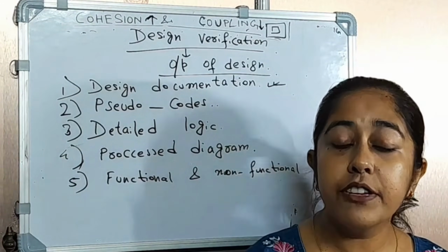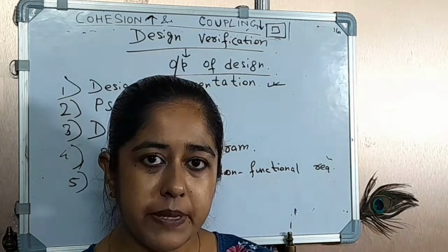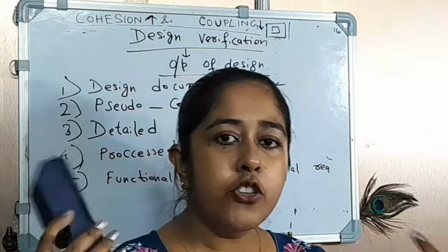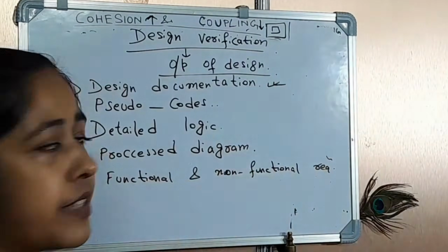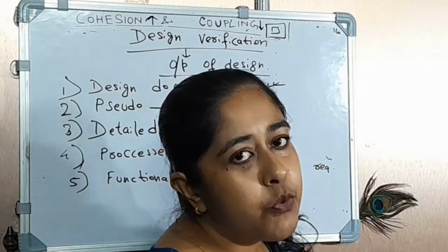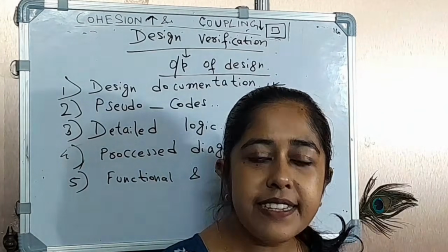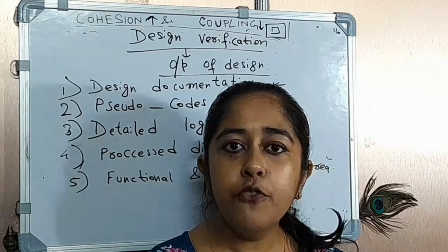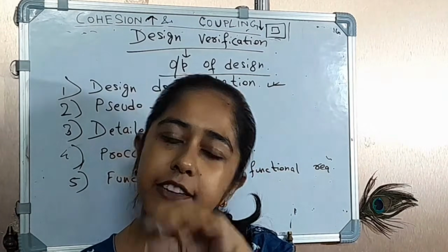You are having fresh details about your functional and non-functional requirements. Since your designing phase will give you these different kinds of things which will obviously change or update the requirements. So these are the outputs which you are getting after you have completed your designing phase.